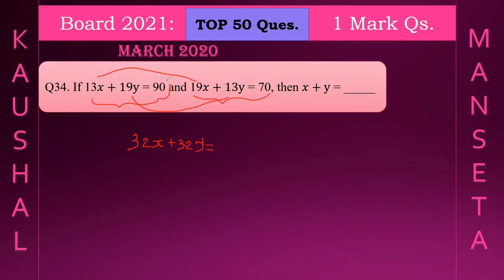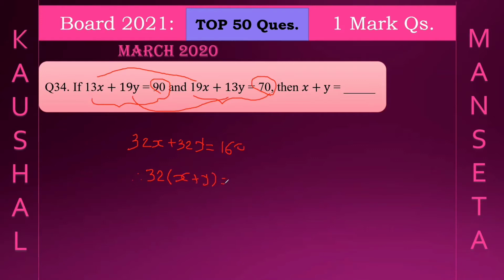We have to add the constant numbers. So 90 plus 70: 7 twos are 14, so 140, and 140 plus 20 gives 160. Now take a common 32 out from the left-hand side. So we get in brackets x plus y equals 160.